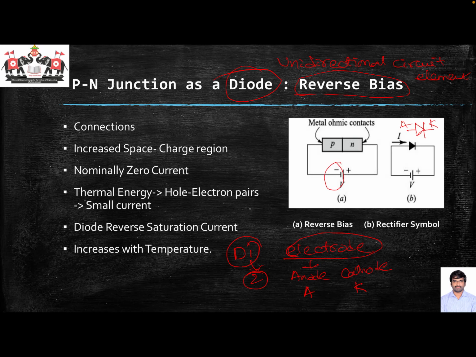Because the thickness has increased, there will not be any conduction of current. Compared to the previous situation, the conductivity will further decrease, right? So you can expect that the current will be nominally 0.